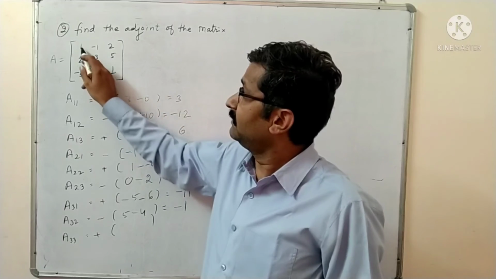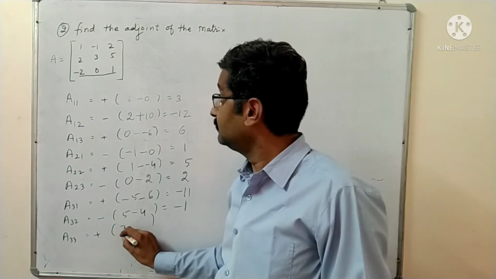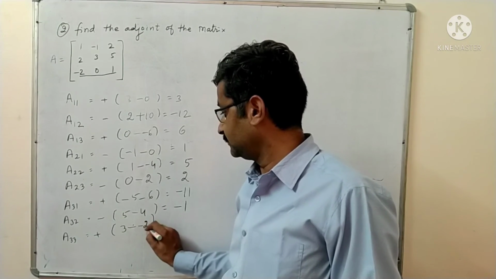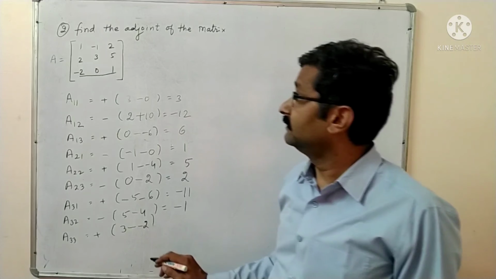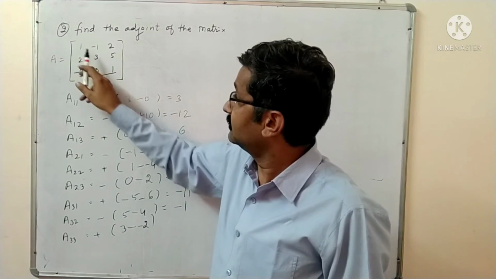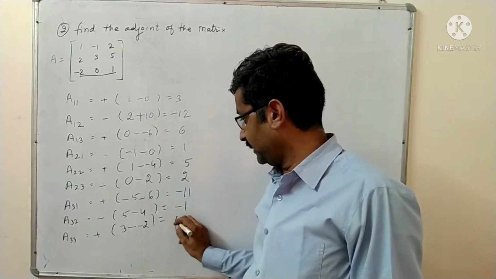The last column you will not take, 1 minus 1 and 2 and 3, cross product you do 3 and plus 2, this will be 5. Wait, the last column, this is 3 and minus 2, this will be 5.